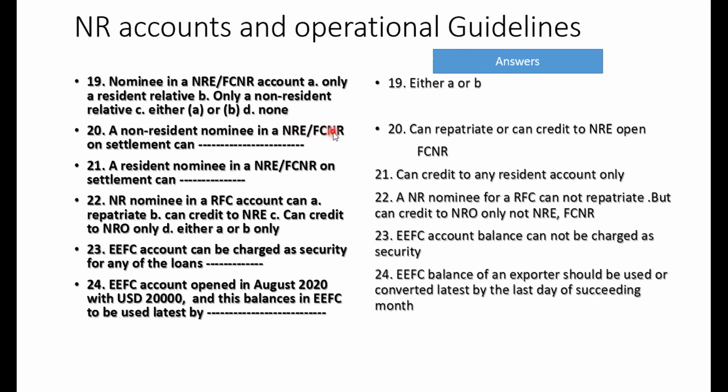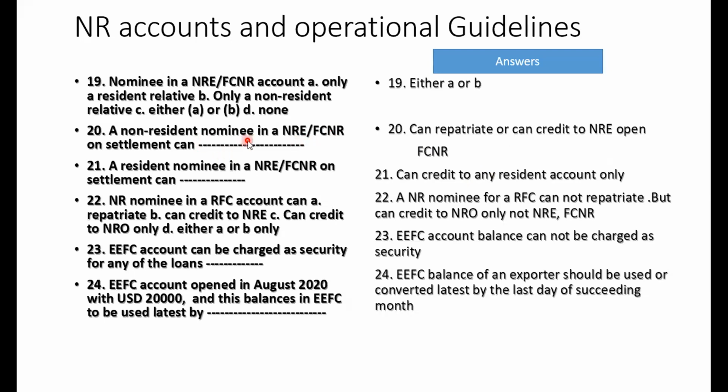FCNR is dollar only, that is forex only. So for the non-resident nominee, the settlement can be in any convertible currency, or it can be credited to an NRE or FCNR account the nominee opens using the settlement money. You understood question number 20?